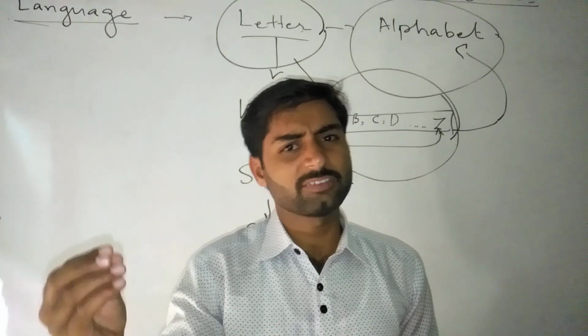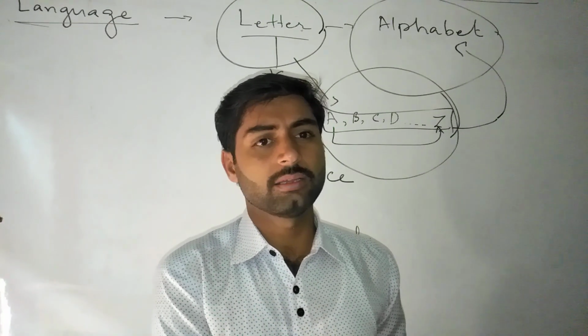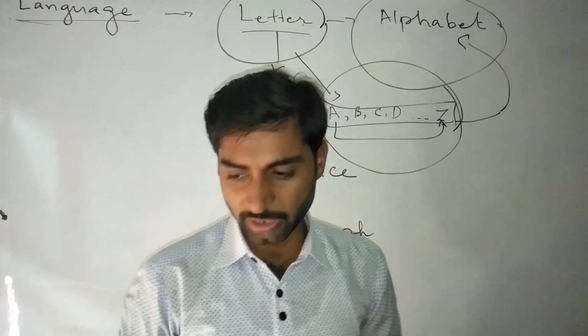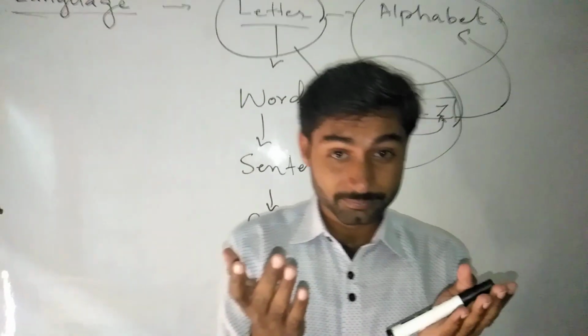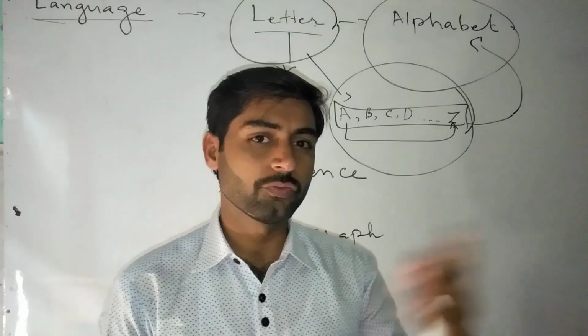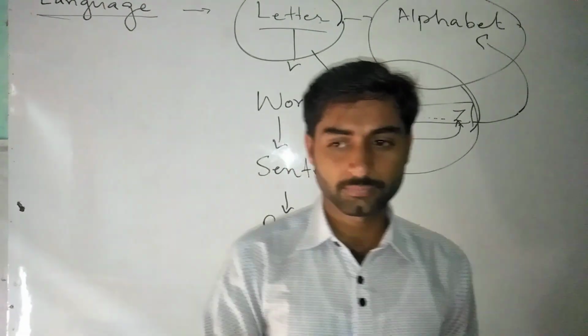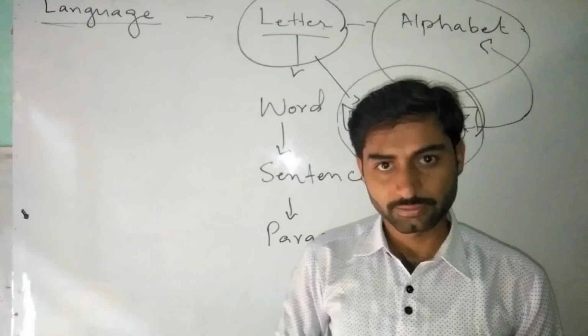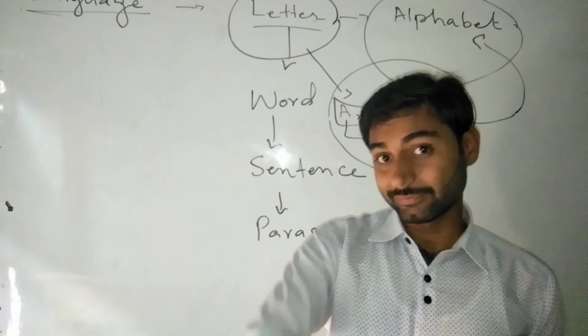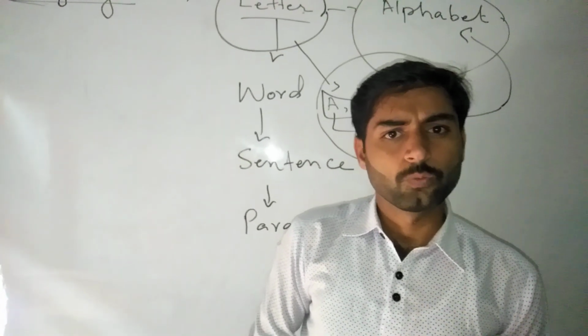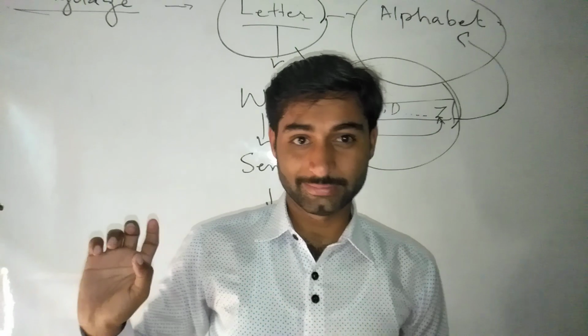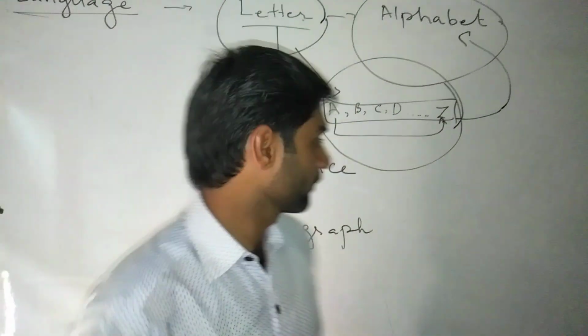What is the difference between a letter, an alphabet and a word? If you say that an alphabet is a set of letters and also a word is a set of letters, they asked me a few questions. So let me clear this with you. A word is not a set of letters. Try to understand.